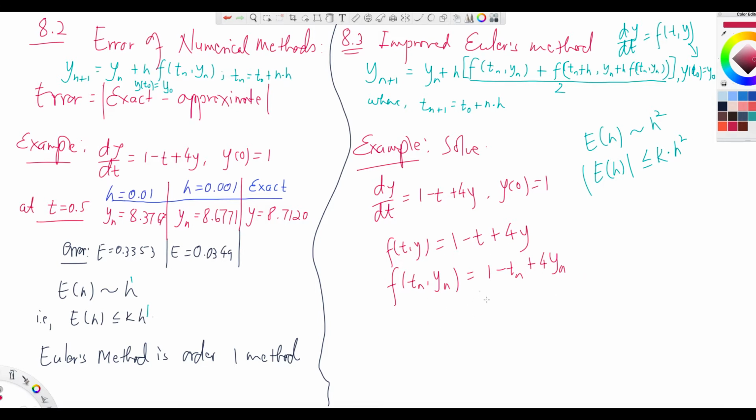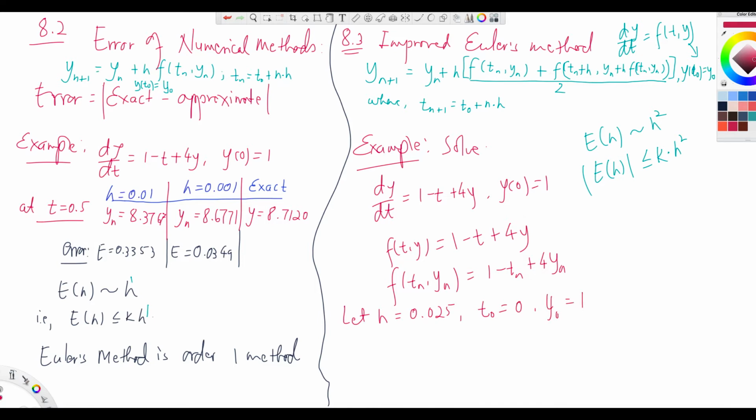So what we have to do is have a column for t_n, a column for y_n, and then f of t_n, y_n, right? But what value of h do we take? Let h equal 0.025. What else is given? t0 is given as 0, and y0 is given as 1.